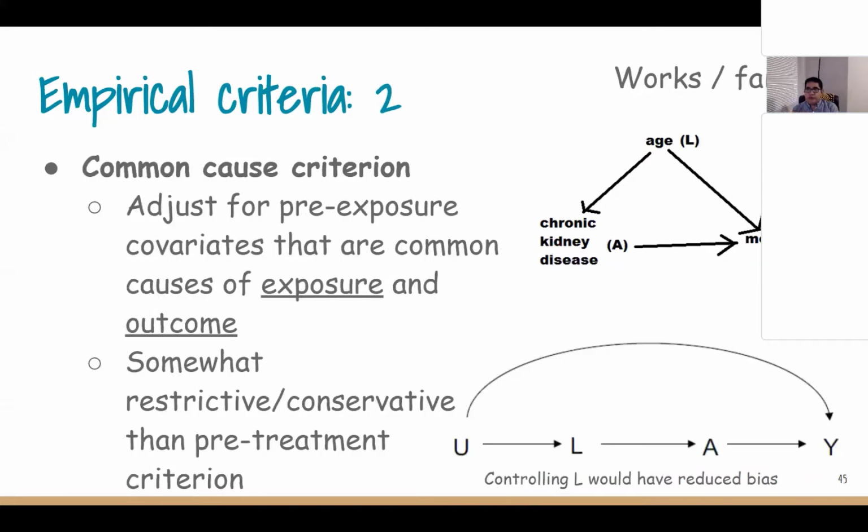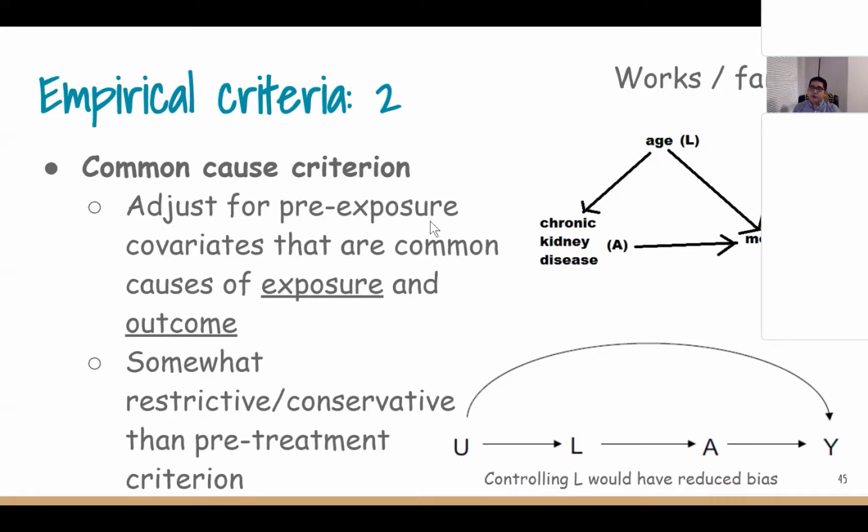All right, so the second criterion, because we have seen in one of the DAGs in the previous slide that the pre-treatment criterion might not be sufficient, is to try to figure out whether there is a common cause, right? This is the general definition we follow for identifying a confounder.